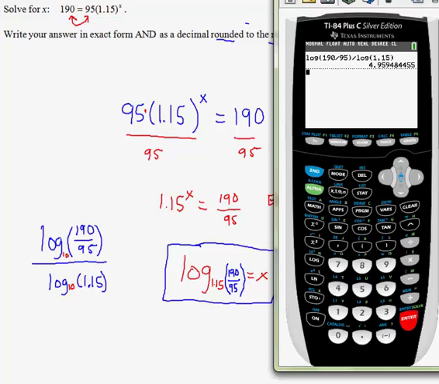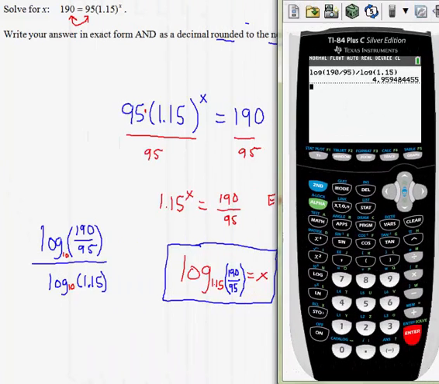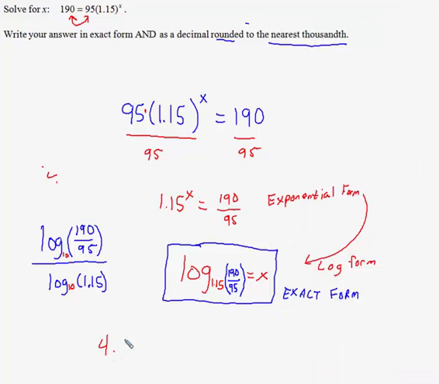Now remember, I'm supposed to round to the nearest thousandths place. The thousandths place is the third decimal, right? This is the tenths, this is the hundredths, and this is the thousandths. Because that's a 4 there, which is a number smaller than 5, I won't round this digit up. So 4.959 is what I get out of that. I'm going to put a squiggly equals because that's just an approximation.